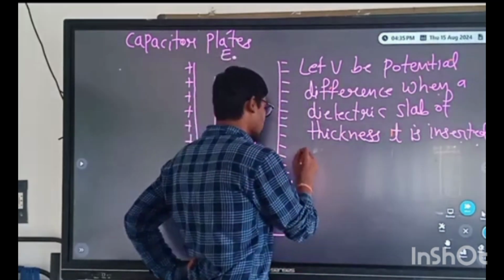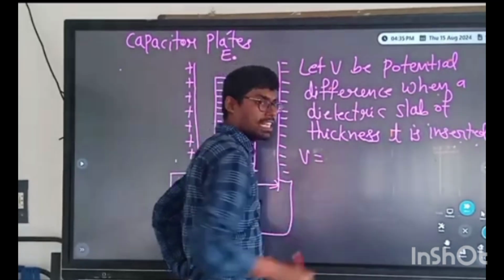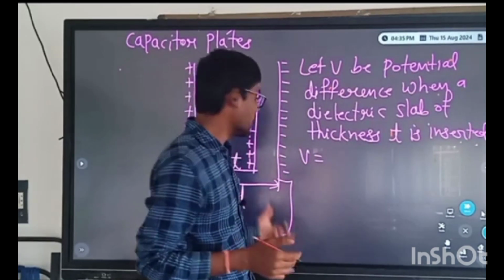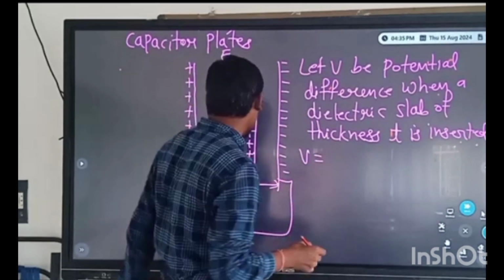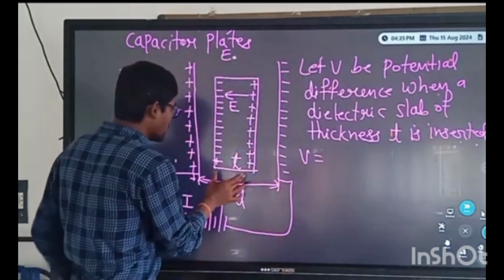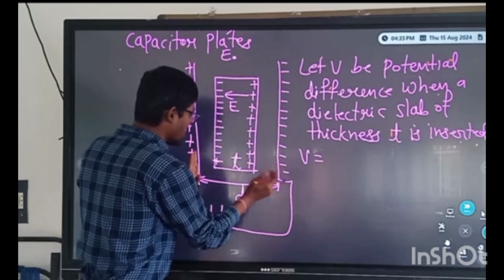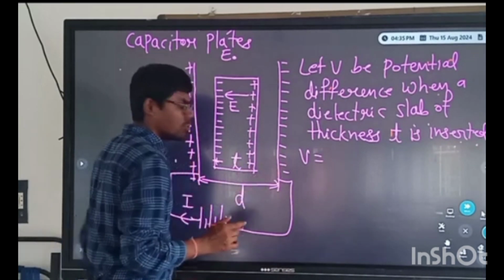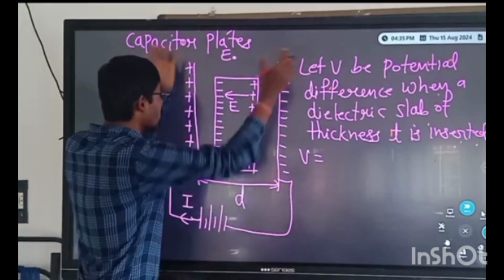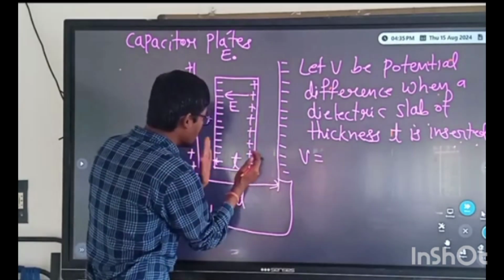So the potential difference is the electric field into the distance. Suppose the thickness is T, so the remaining distance will be D minus T. See, this much is D, this much is T.